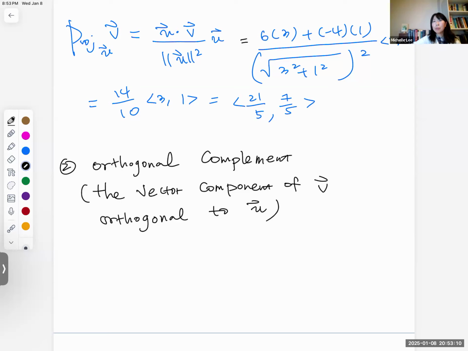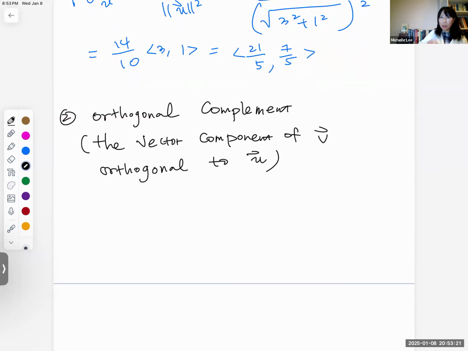Okay, let me explain this one. I need a little lecture for this. If we have a vector V, and then we have a vector U here, right?